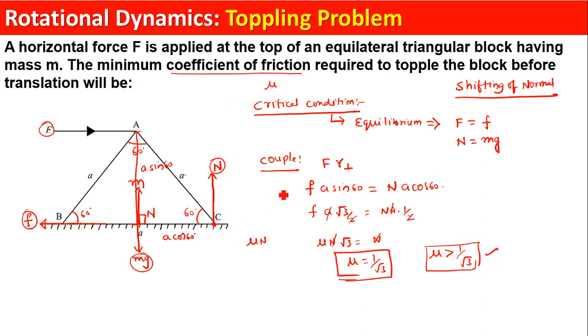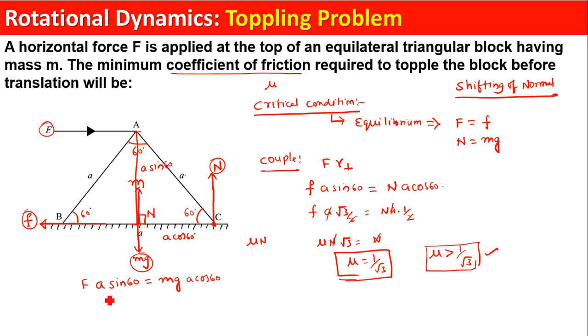We can also find the maximum force needed to apply for toppling. Let us take the same couple information. Taking the force F and the perpendicular distance A sin 60, this equals mg times the perpendicular distance A cos 60.